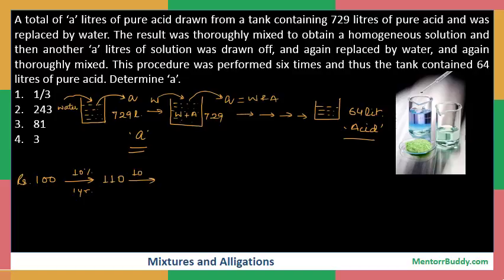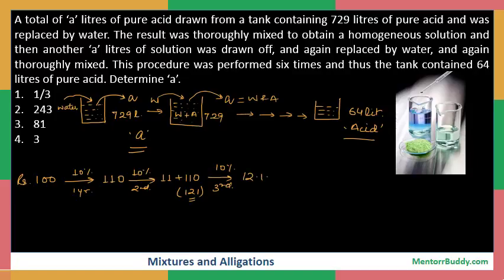The second year, I again get 10% on it. Therefore, I am getting 11 rupees of interest plus the value which was there in the beginning. That makes it 121.